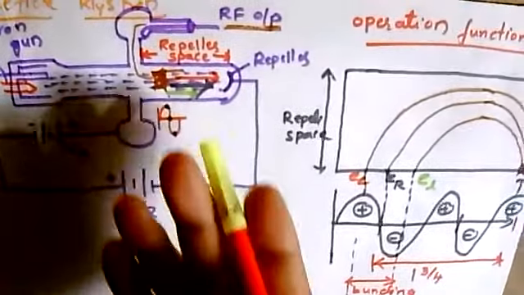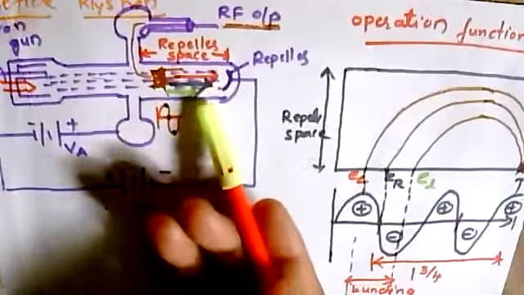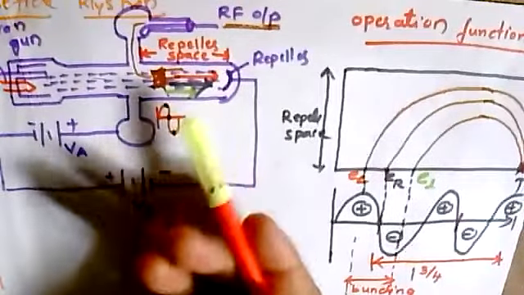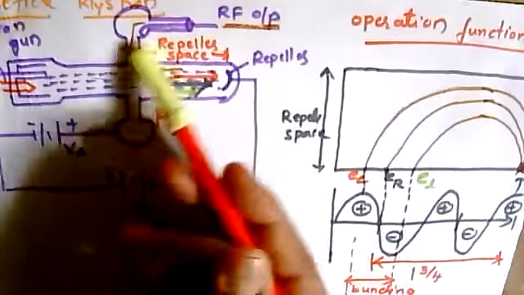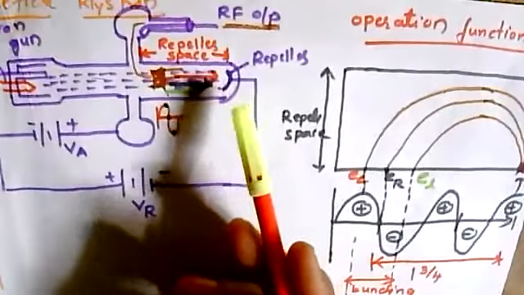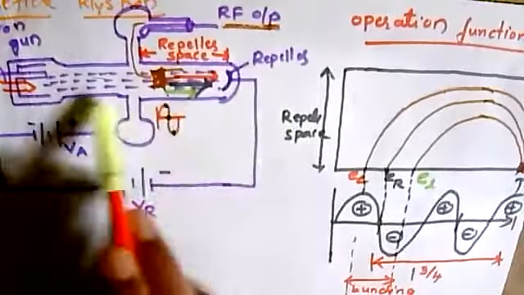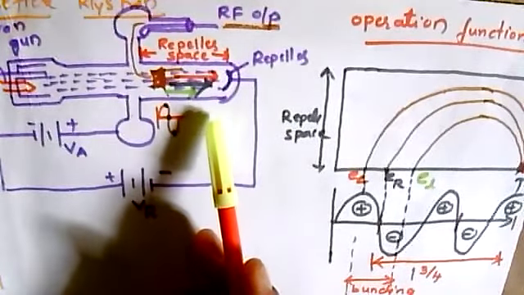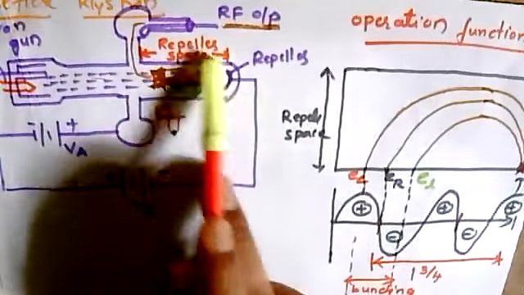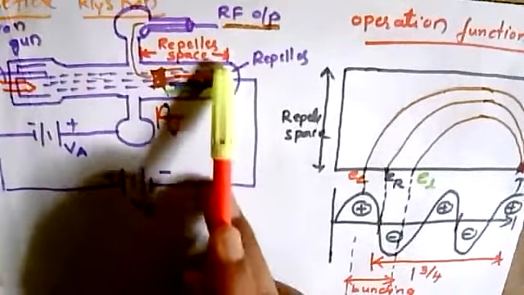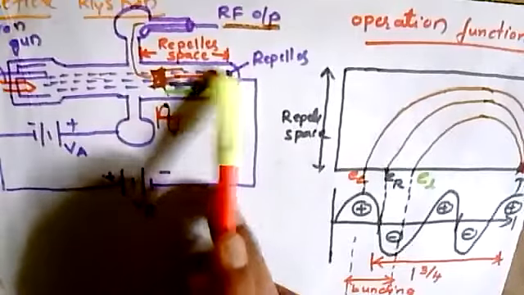Okay, so whatever the velocity modulation and current modulation that took place in the previous case, the same is experienced here. But there were two cavities, and between the cavities the bunches took place. Here, after the cavity and within the repeller space, the bunches are formed during the return journey.